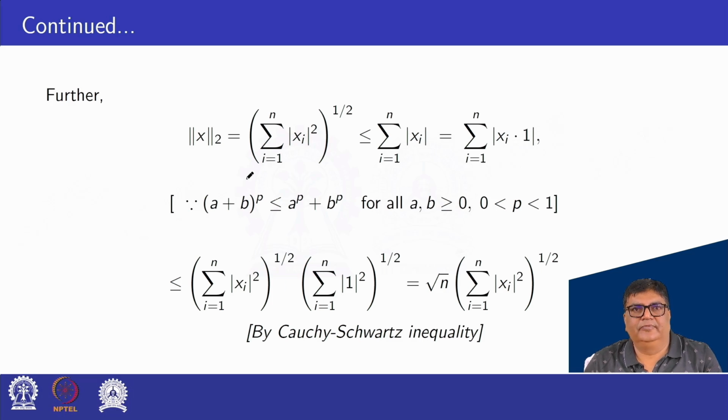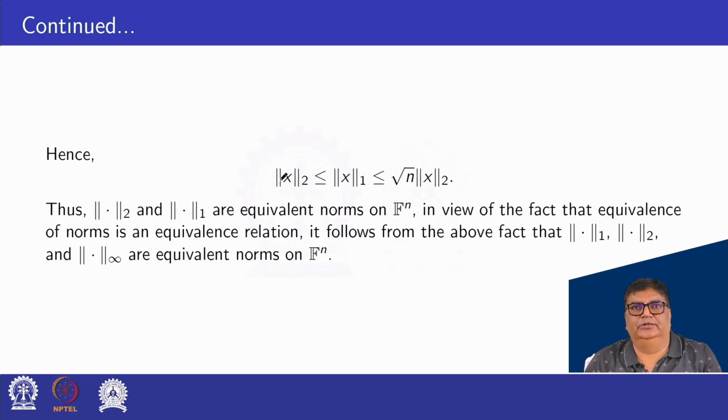That is norm x2 less or equal to norm x1 less or equal to under root n norm x2. Thus norm x2 and norm x1 are equivalent norms. In view of the fact that equivalence of norms is an equivalence relation, it follows that norm 1, norm 2 and norm infinity are equivalent norms on Fn.